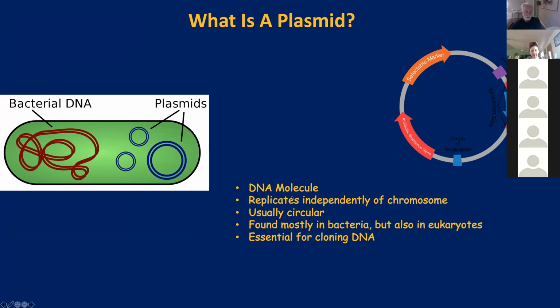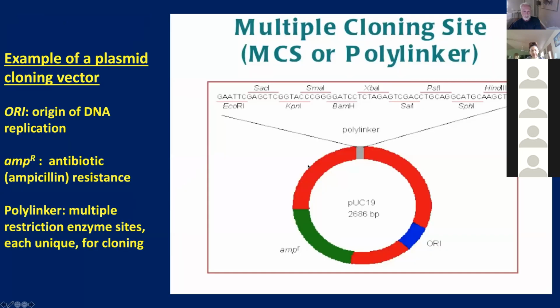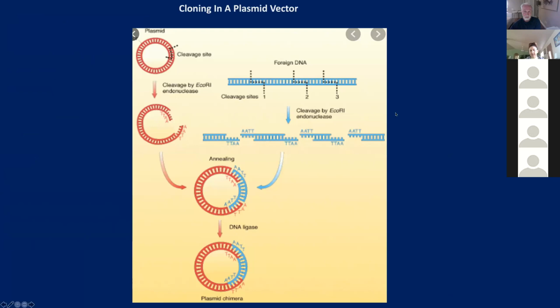We talked about plasmids, these little circles of DNA. Usually they're circles. And why are they important? For cloning purposes. If you want to clone a particular piece of DNA or a library of DNA fragments, you need a plasmid. And I went over all this in detail in the previous lecture.